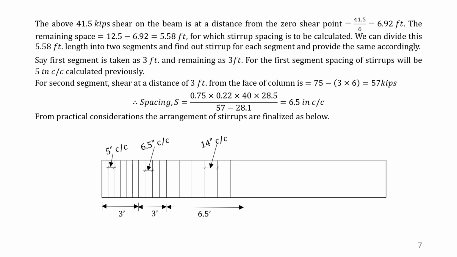The 41.5 shear is at a distance of 6.92, and the remaining space is 5.58.